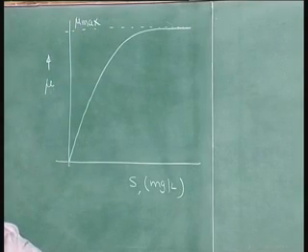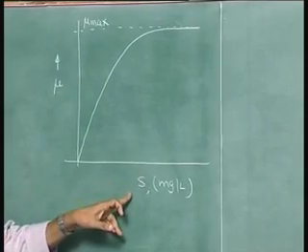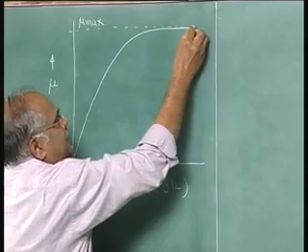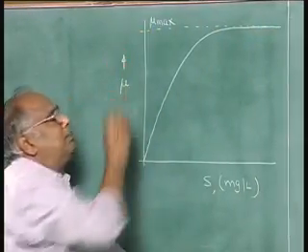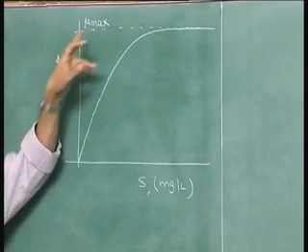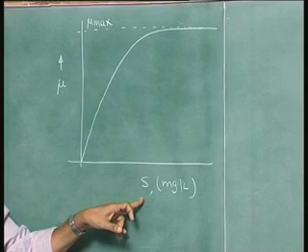So, mu will reach a maximum value for a specific concentration of the substrate, and even if you increase the concentration of the substrate, mu will be only mu max. That is, when mu reaches mu max, it is independent of substrate concentration.